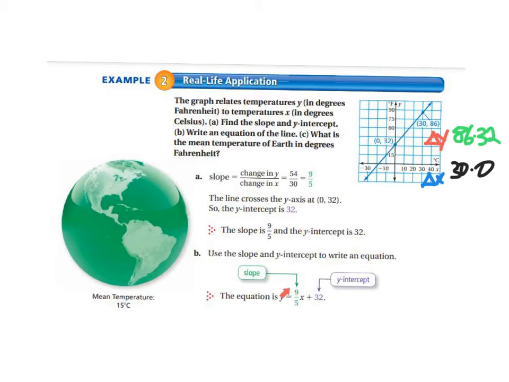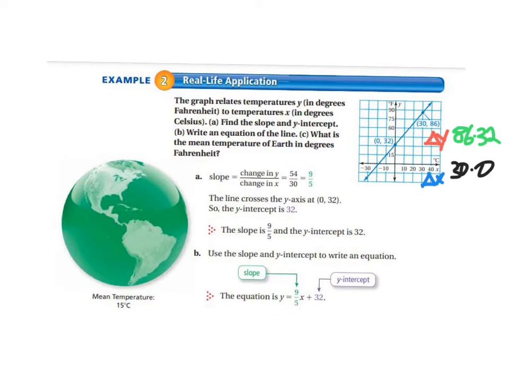Now, this 9/5 represents the slope, and it's called the coefficient of x. In this real-world situation, that 9/5 represents the fraction that you use to convert the temperature from Celsius. You multiply times 9/5, then you add 32 degrees, and you get the temperature in y, which is in Fahrenheit.